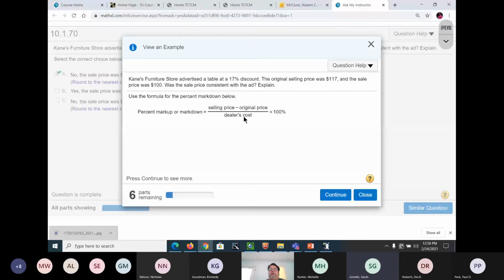If you sell a shirt for $117, did you pay $117 for it? Yes or no? No, you probably paid $50, $75 for it. I don't know where this formula came from, but they need to rewrite that. That's not right. It's misleading.